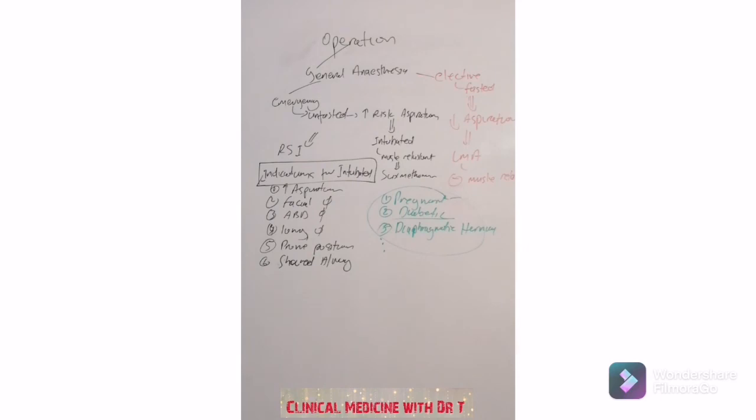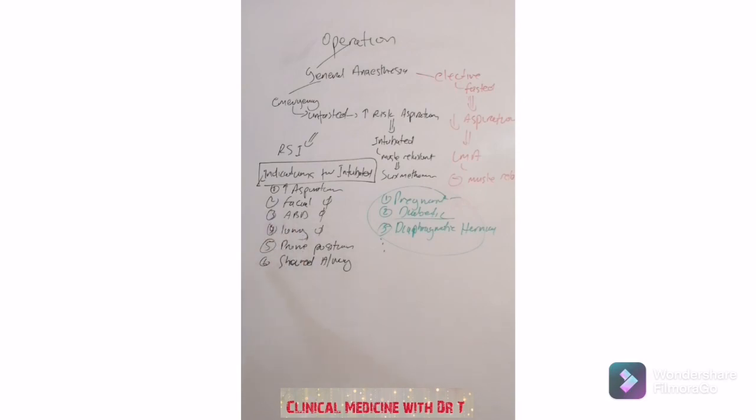So always just remember that if a patient has got any of these, the patient needs to be intubated, number one. And if they are unfasted, you can have a patient who needs an abdominal surgery from a stab.